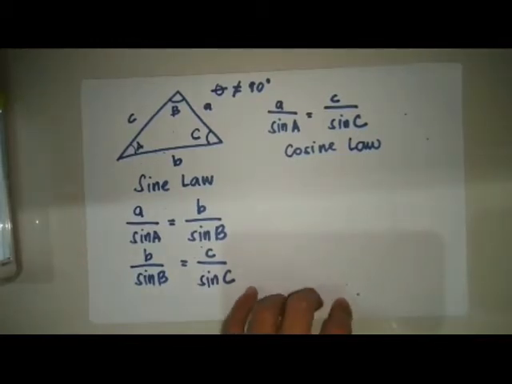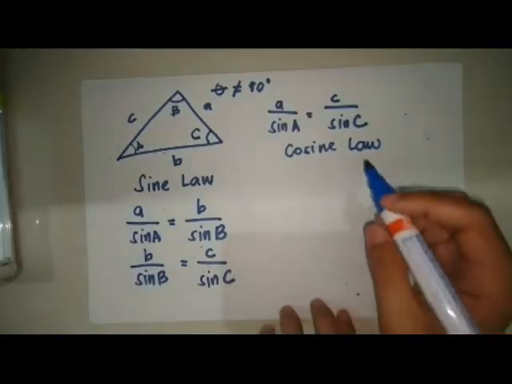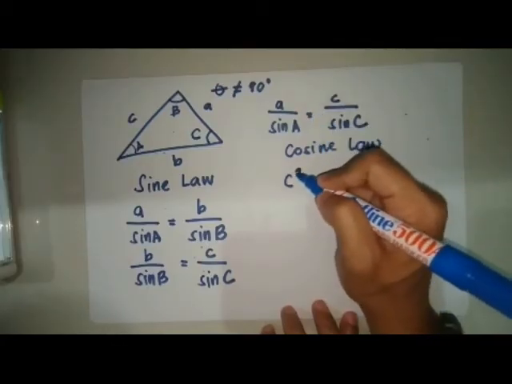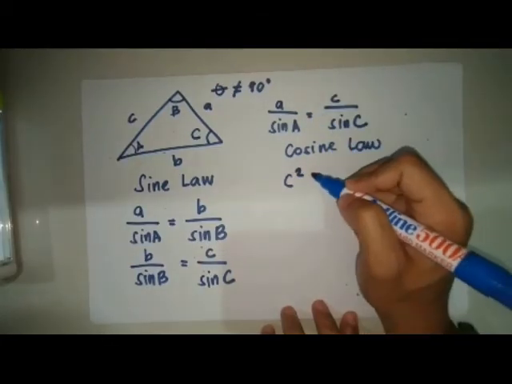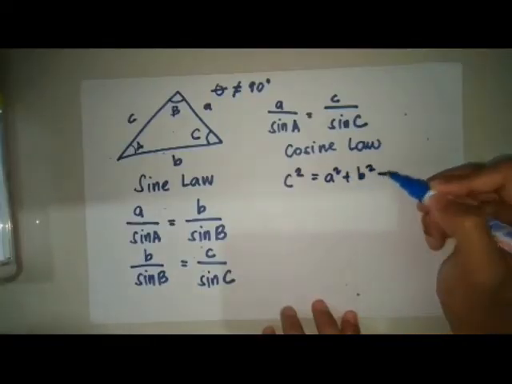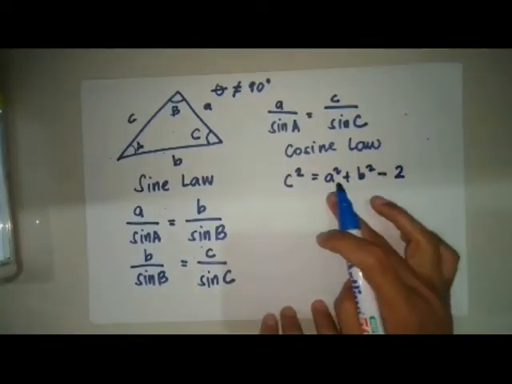Or pwede naman given ka ng tatlong side. So, ang cosine law, say, you have C squared, this is the side, is equal to A squared plus B squared minus twice A and B.